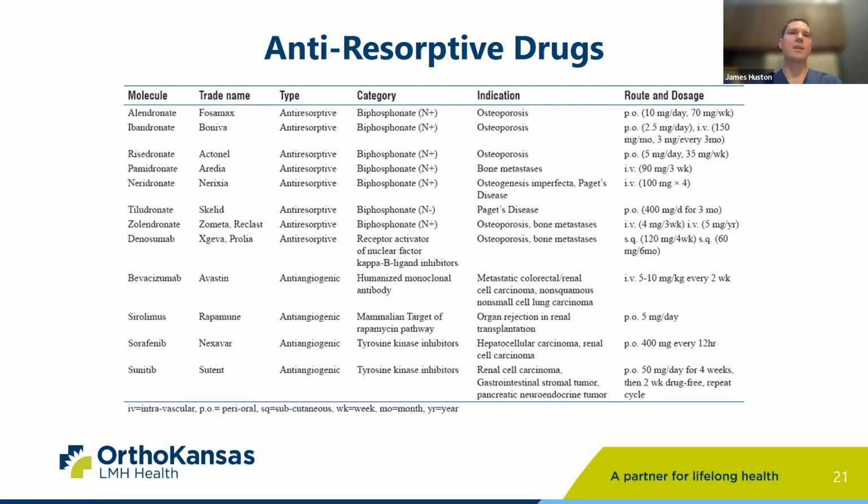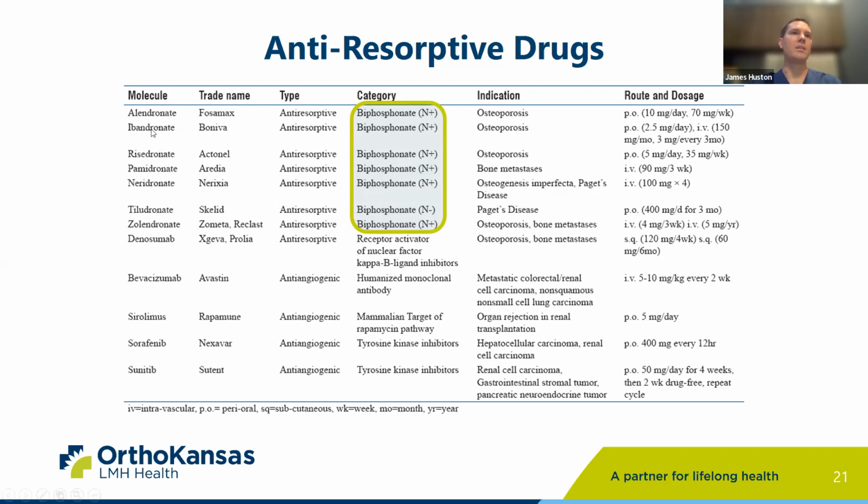So this is a non-exhaustive list of anti-resorptive osteoporosis medications. There are some other indications for these medicines, but as you can see on the fifth column there, many of them are indicated for osteoporosis. So the top 7 are bisphosphonates. You can kind of see a pattern.